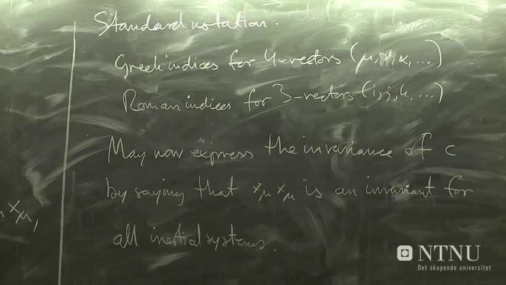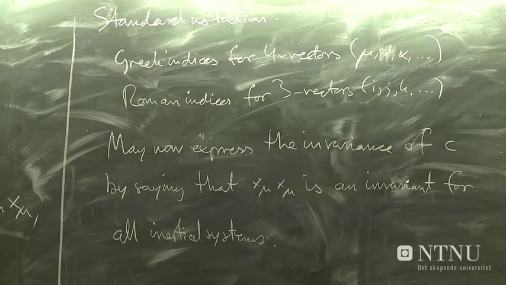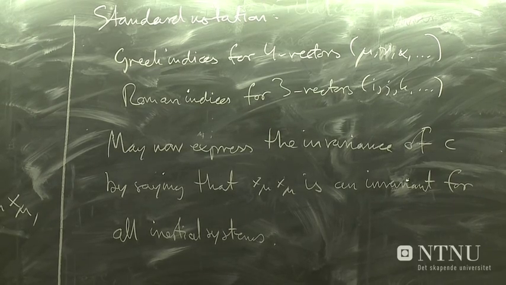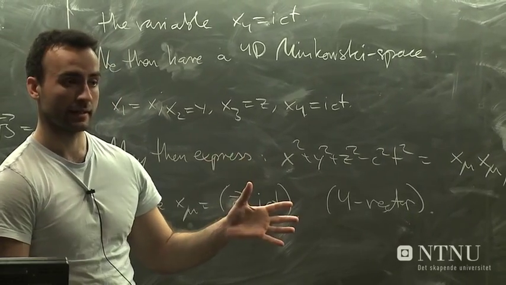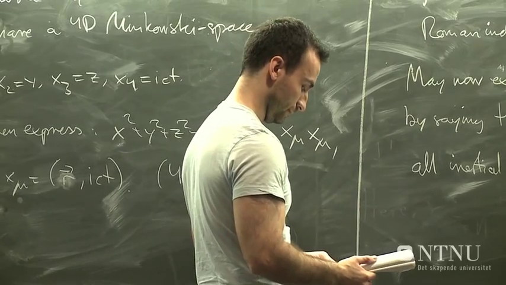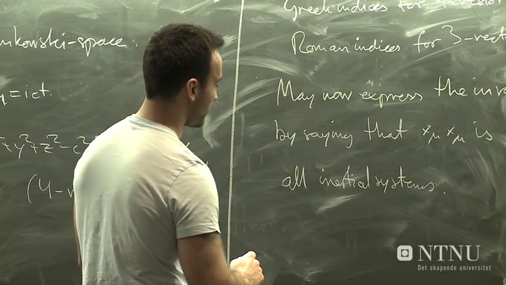So by saying that x mu is an invariant for all inertial systems, we're effectively saying that the speed of light is the same in all inertial systems. Because this form, as we saw, was invariant, regardless if we consider it S or S prime. And we can express this in a different way.